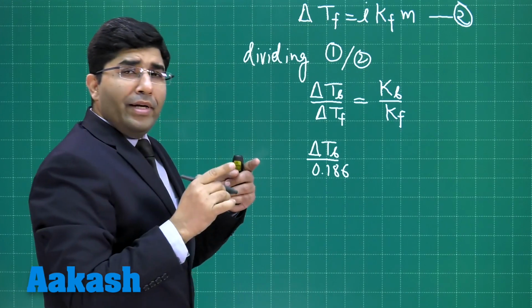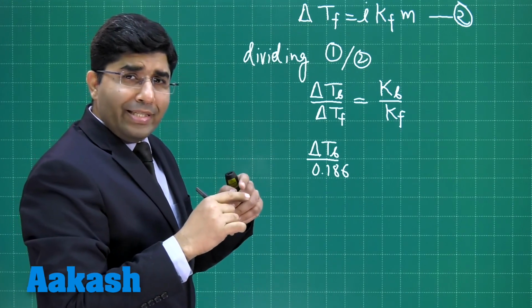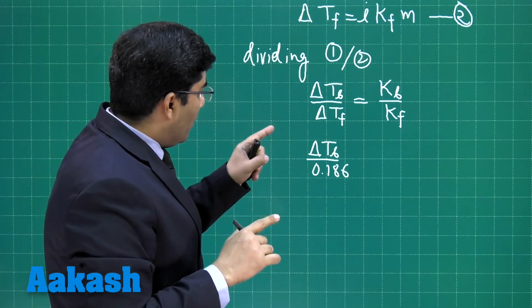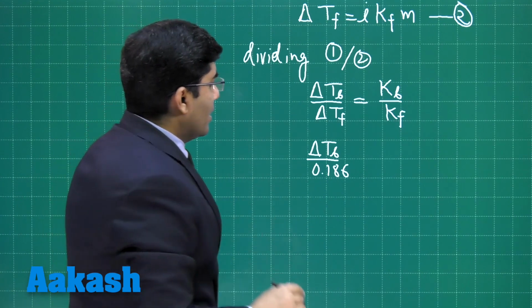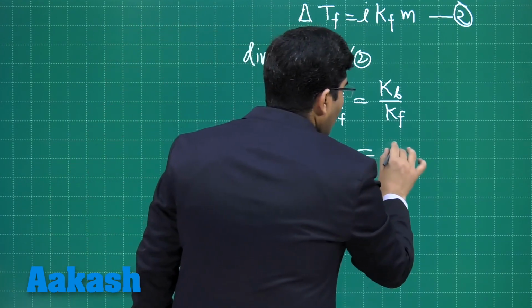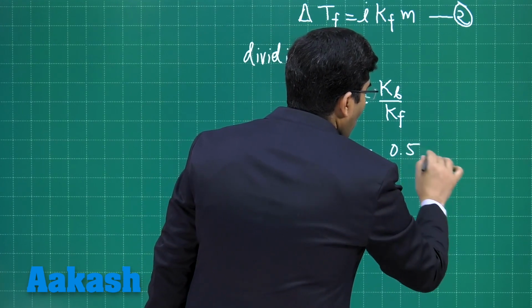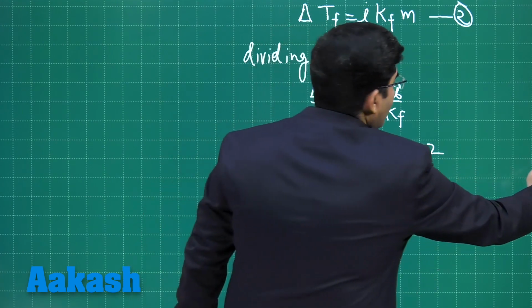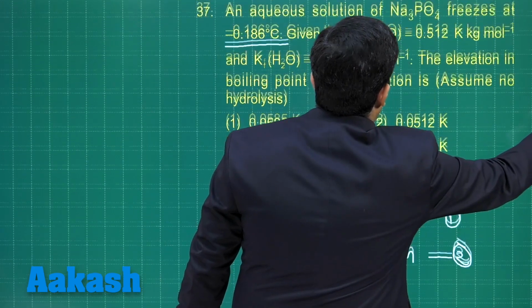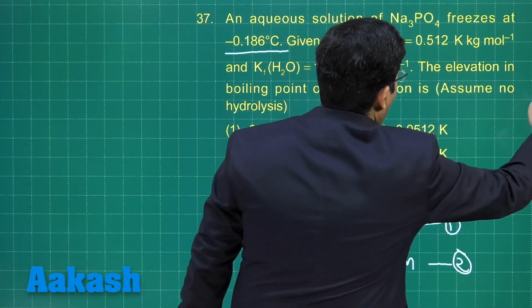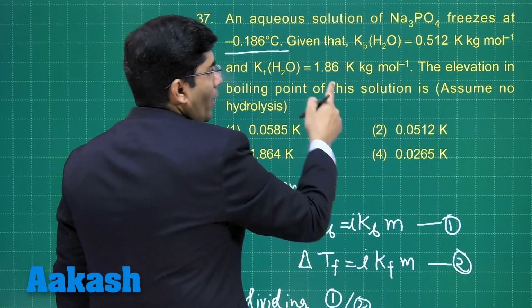If freezing point is minus 0.186, then delta Tf will be 0.186, and Kb is 0.512, which is also given here, and the value of Kf is 1.86.